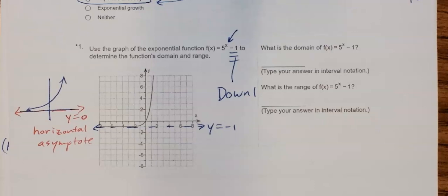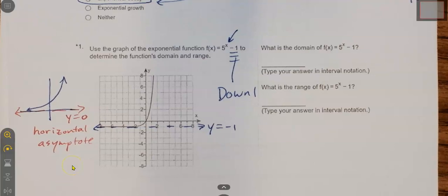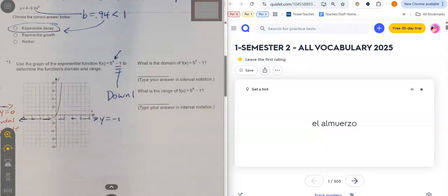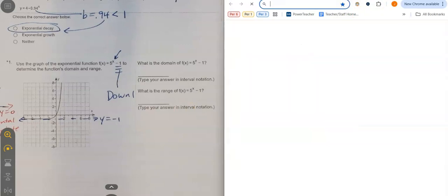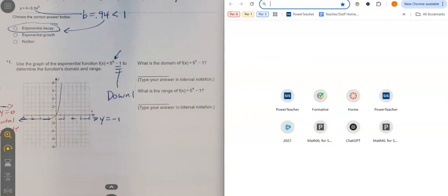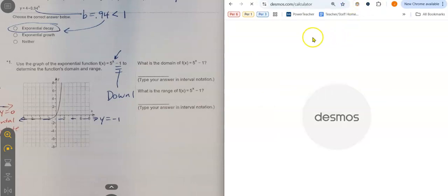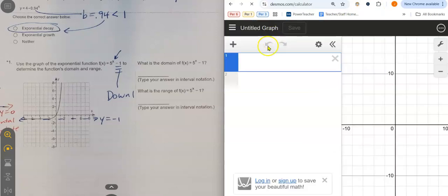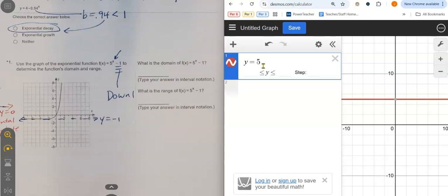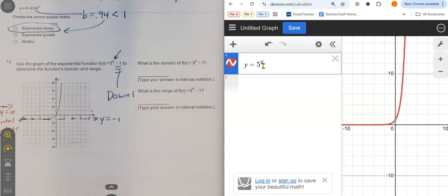Okay. Might I remind you? Let's see if I can get this set up quickly. Okay, so here's my picture.